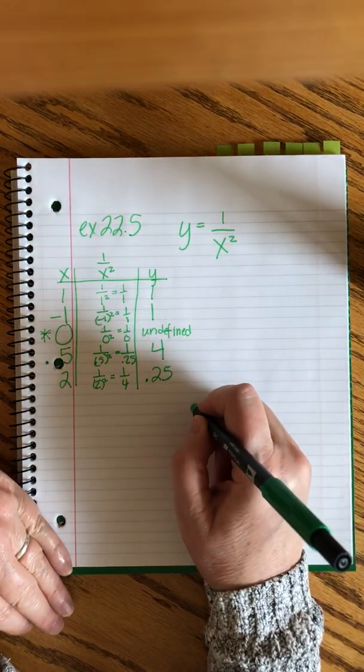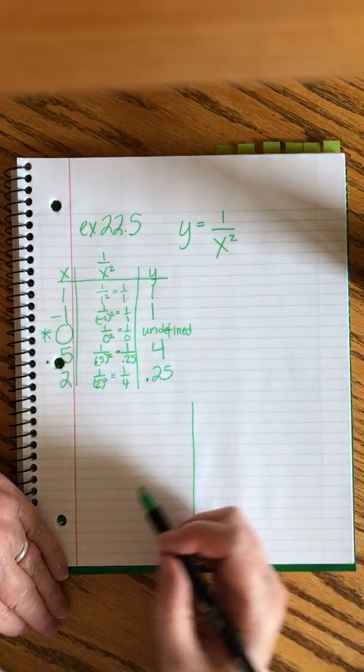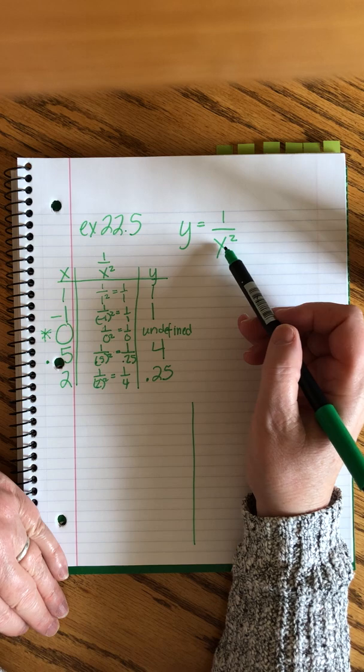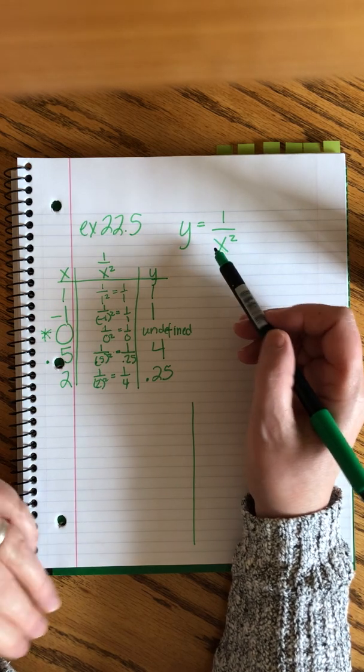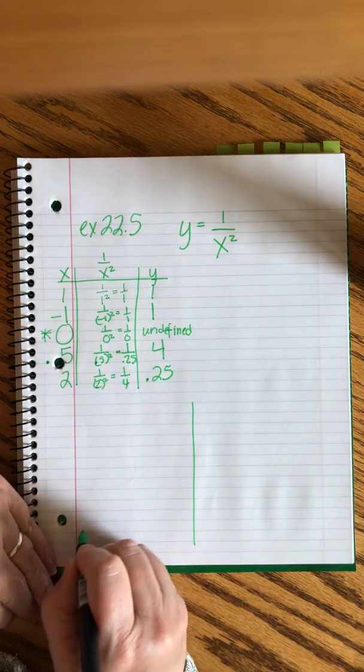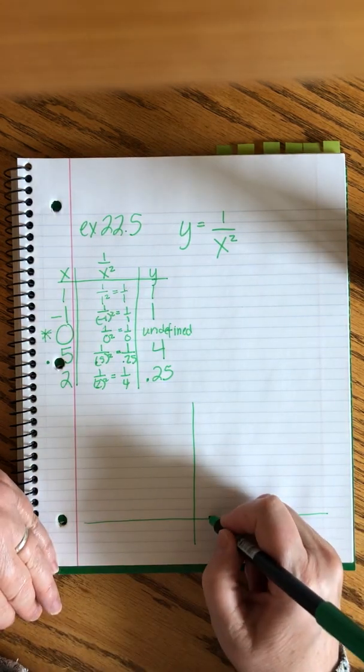All right, let's graph down here where we have lots of room. I notice that all of my y values are positive, which makes sense because I've got a square on the bottom, right? So that would tell me that everything's going to go positive. All right, let's put some lines in.